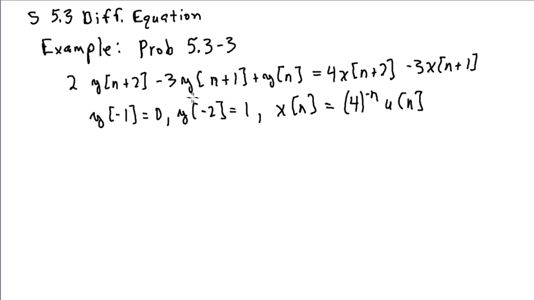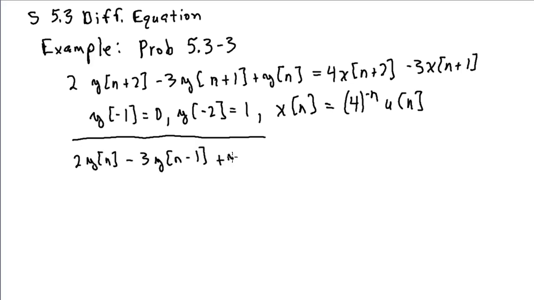So the largest advance here is 2, so I'm going to substitute in n minus 2 for n everywhere, and I will get 2y of n minus 3y of n minus 1 plus y of n minus 2 is equal to 4x of n minus 3x of n minus 1.